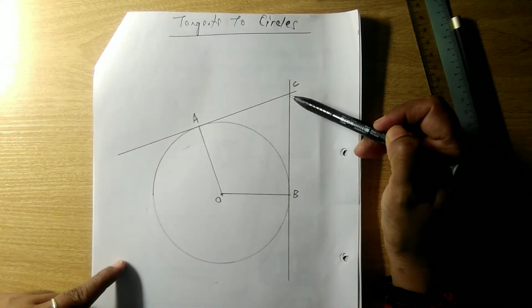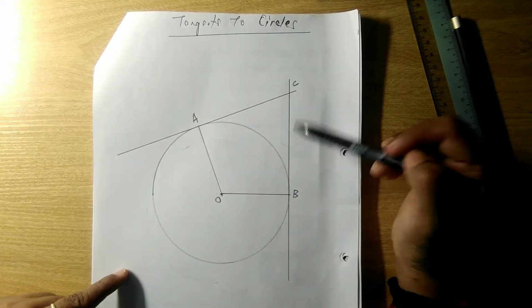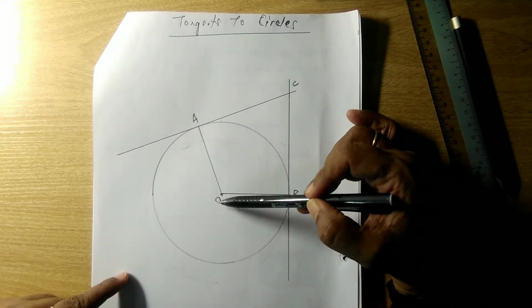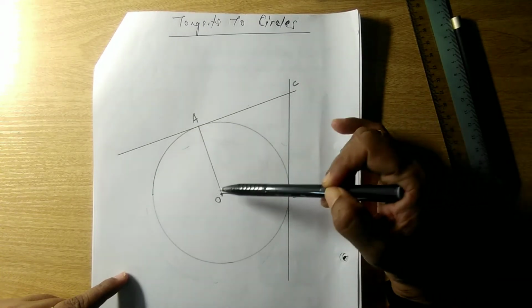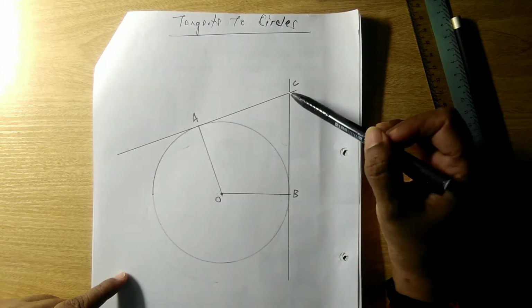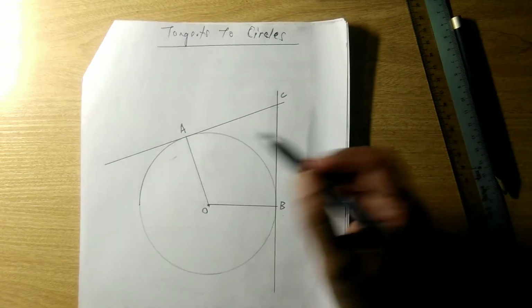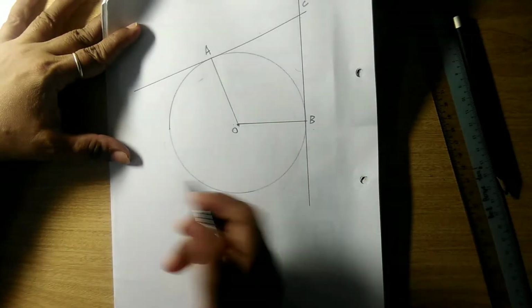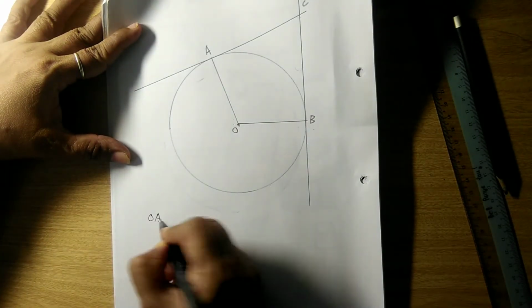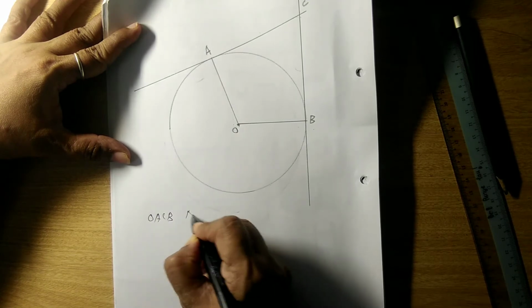This is your point of intersection of the two tangents. Now if you notice this shape, OACB is called a kite.